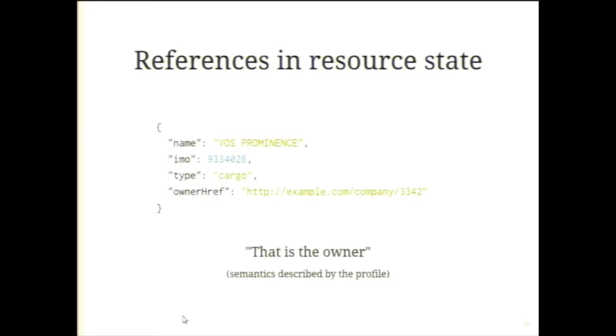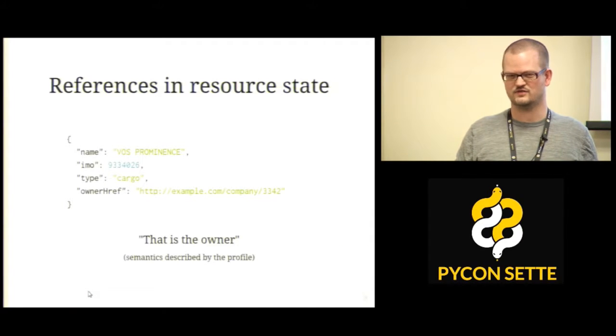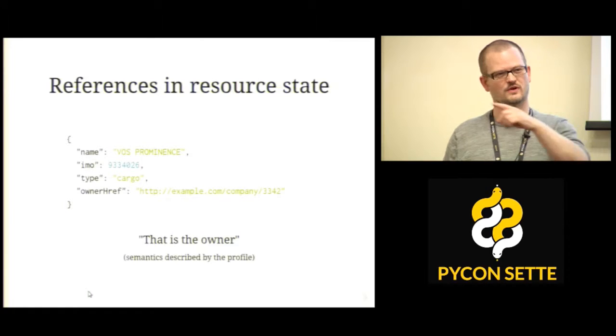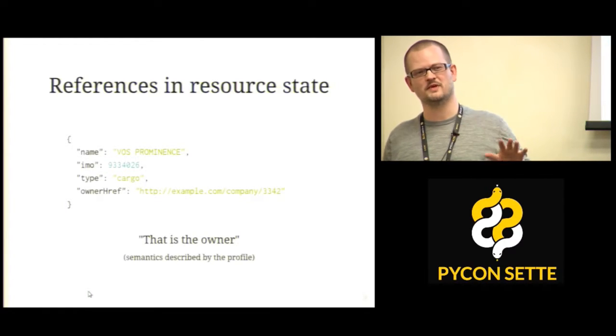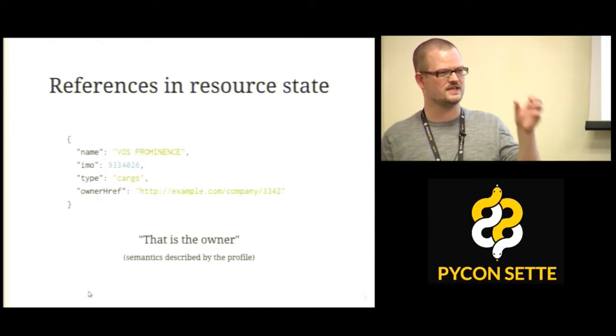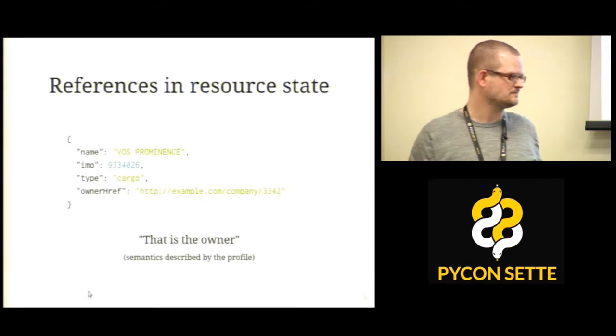So in this case, we can model the owner of a ship, for example, just adding a property to the representation, pointing to a ship. GitHub does the same thing in its APIs. And it's already a pretty nice way of referring to other resources. You see it already becoming a bit of a web instead of singular resources that you individually get.